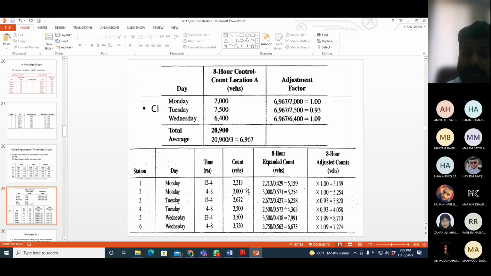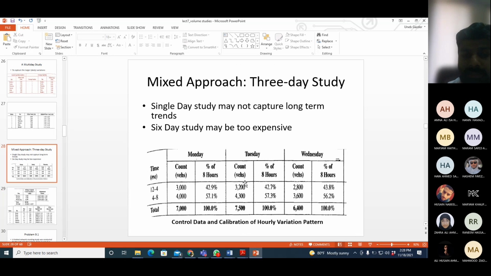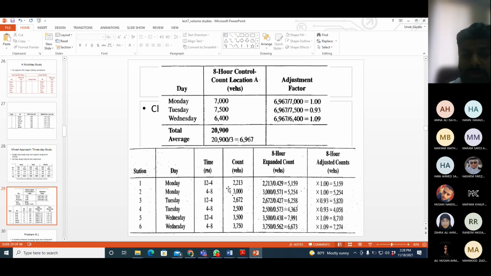First of all, what we did last time: convert the 4-hour counts to 8-hour counts. Convert the 4-hour count for each location to an 8-hour count using the expansion factors. The expansion factors are basically these percentages. So I will take the count of, let's say, Monday 12 to 4 and divide it by the percentage calculated for the control count location for Monday 12 to 4, which was 42.9%, so 0.429.